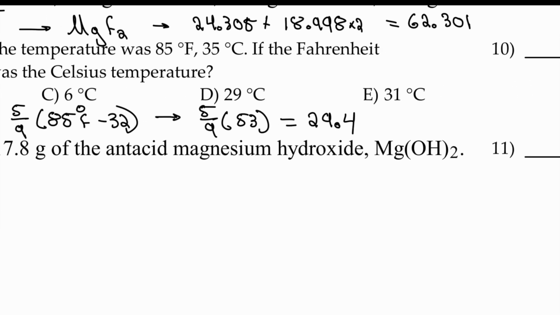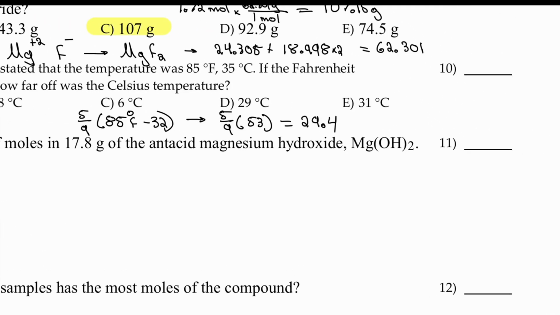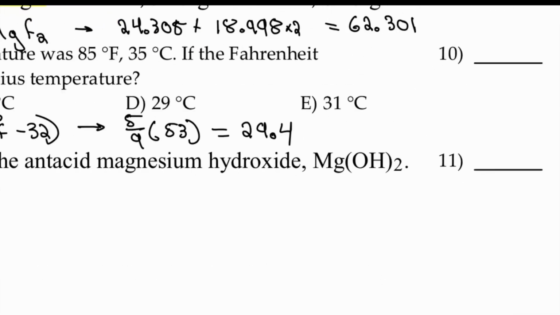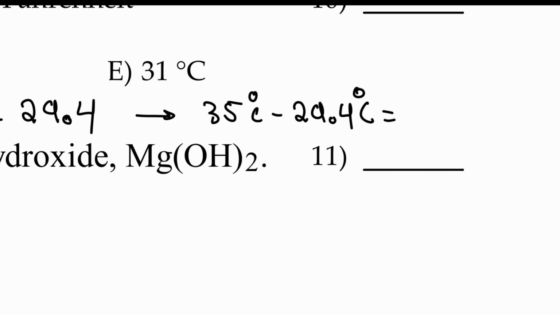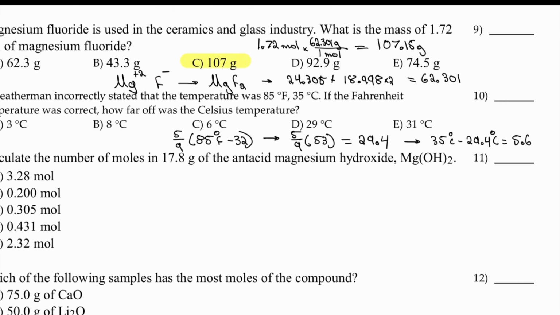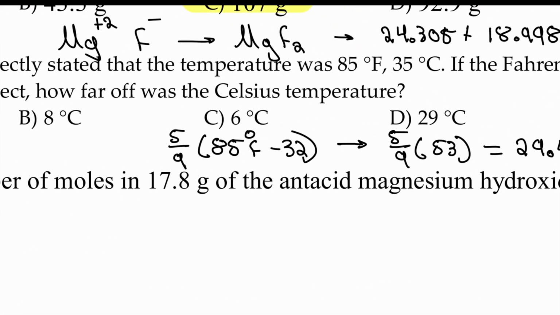So now we have this number in Celsius. Let's subtract it from the number that he put in Celsius. We get 35 minus 29.4, which is 5.6. There's not a number that is 5.6, but the closest one will be 6 degrees Celsius, which will be our answer.